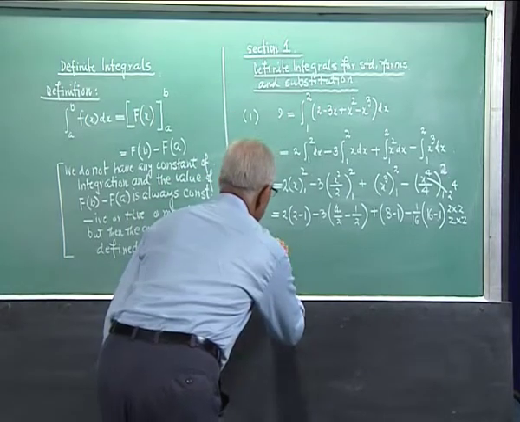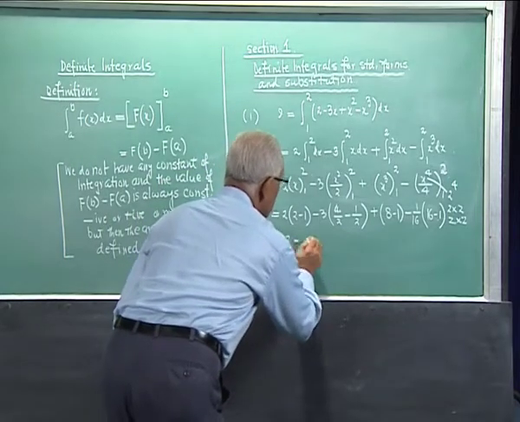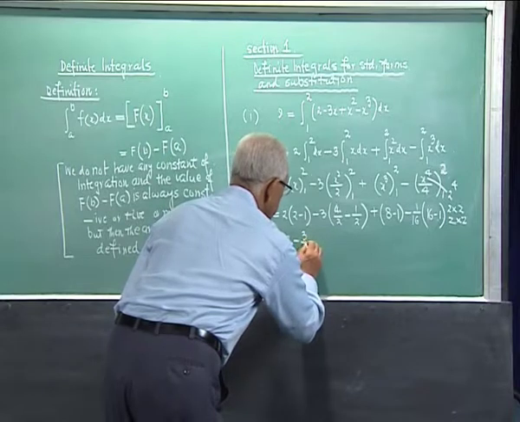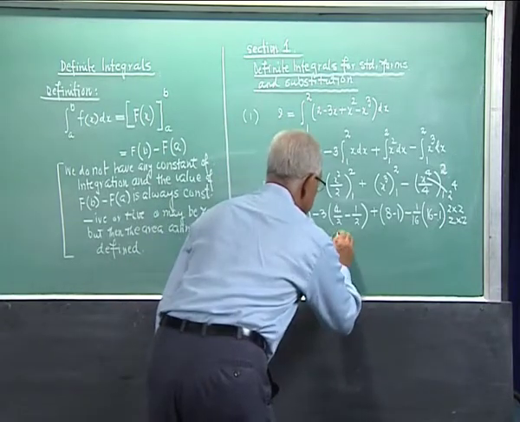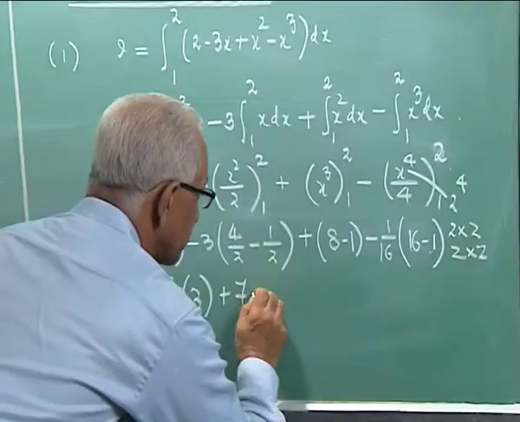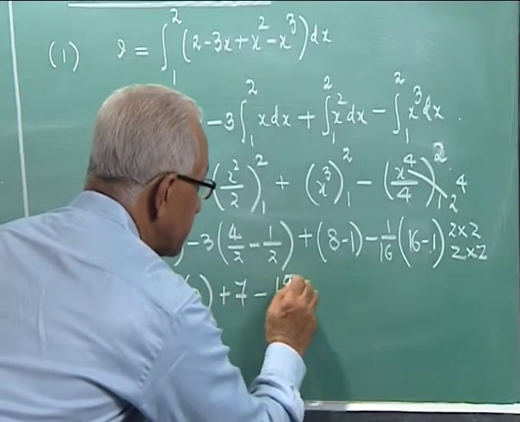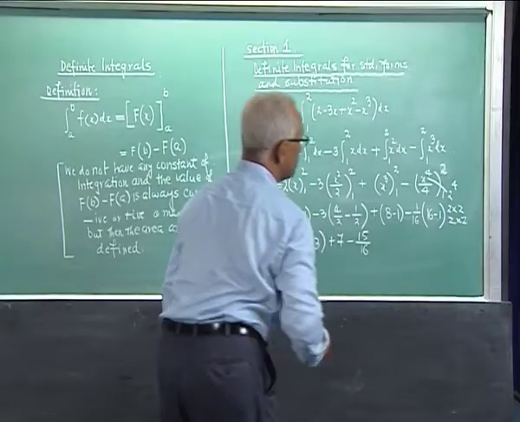And so we will have 2 minus 3 by 2 multiplied by 3, plus 7 over 3, minus 15 over 4.